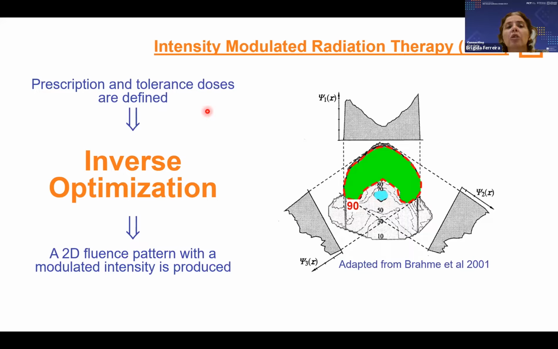So as initial objectives, we need to define the prescription dose to the tumor and the tolerance doses of the organs at risk. After that you perform inverse optimization to obtain a 2D fluence pattern. For example, here you see a profile of an intensity modulated beam.